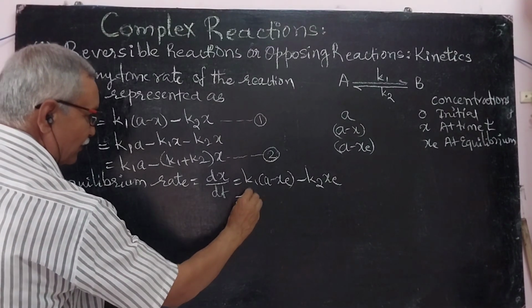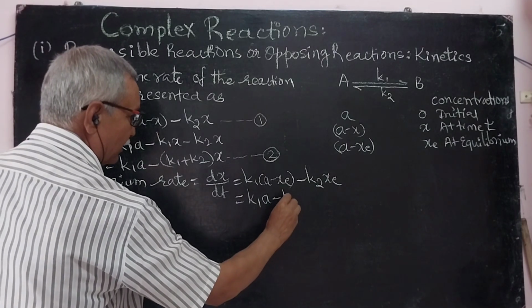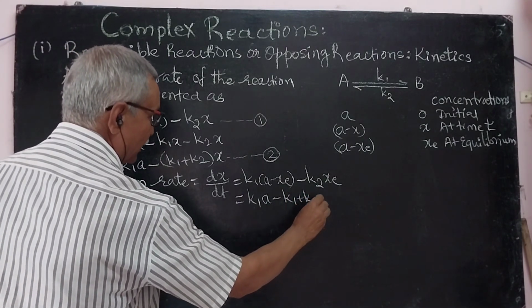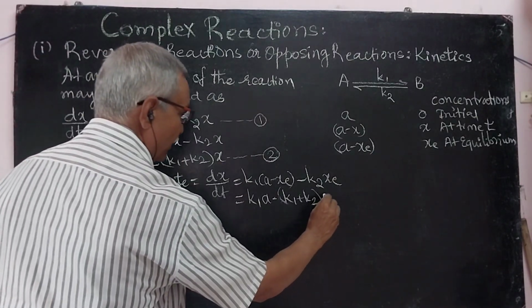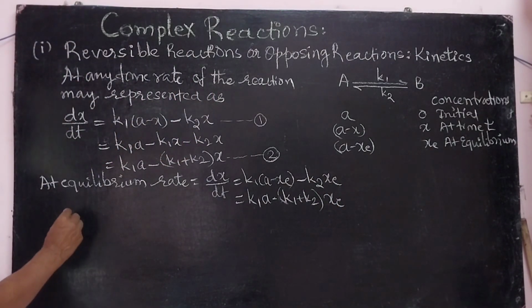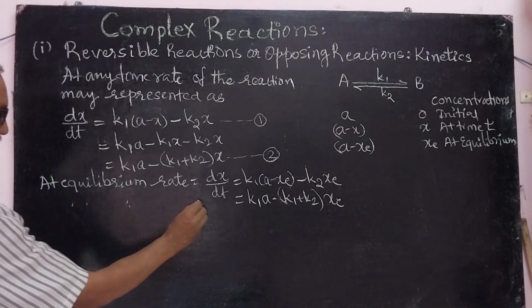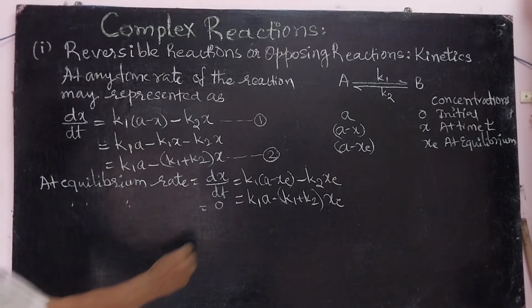Now, this can be expanded: K1A minus (K1 plus K2) into Xe. But at equilibrium this is equal to 0.